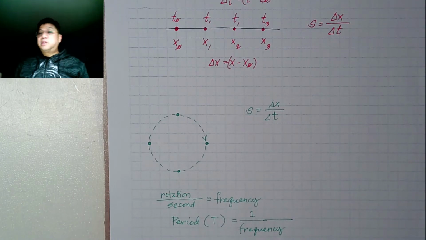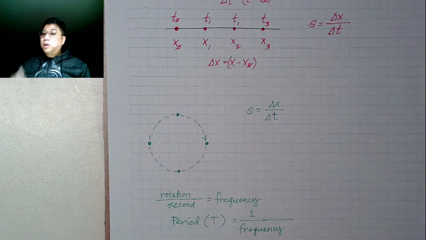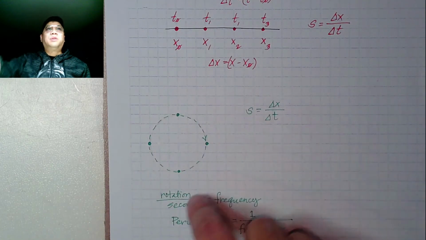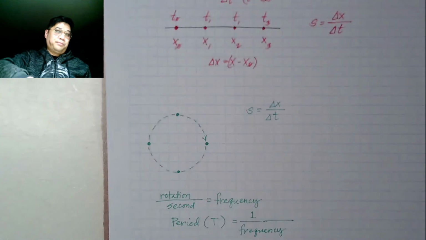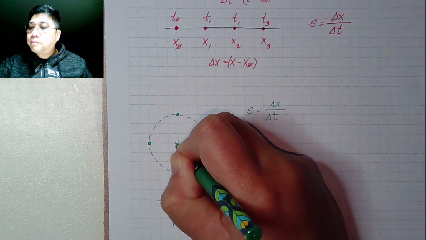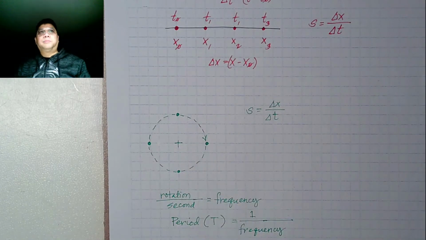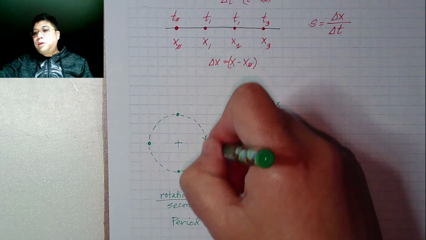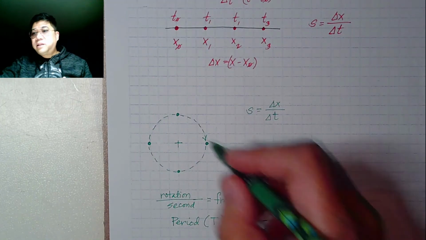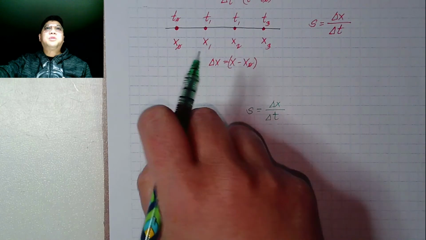In your math class, you learned something to figure out the distance that the object traveled around a circle. If this is the center of the circle, the definition of circumference is basically the distance around the circle, or the measurement around the circle.